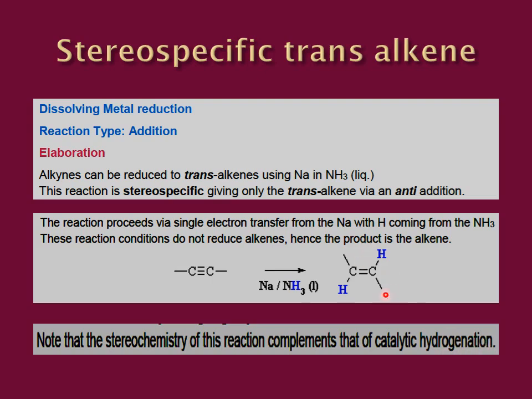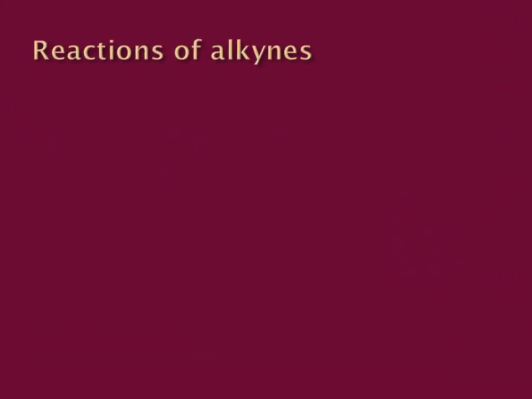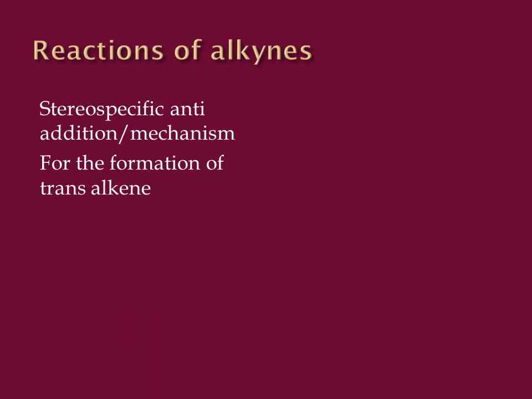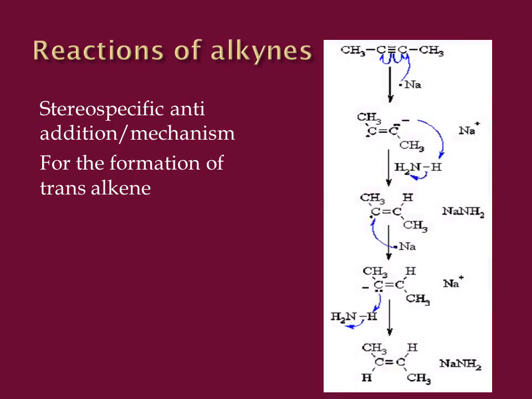Now students, let us study the mechanism of this stereospecific anti-addition for the formation of trans alkenes. Now students, pay attention. This is an alkyne. Now this sodium acting as an electron carrier is going to transfer this electron to this carbon atom, breaking the pi bond in a homolytic fashion.